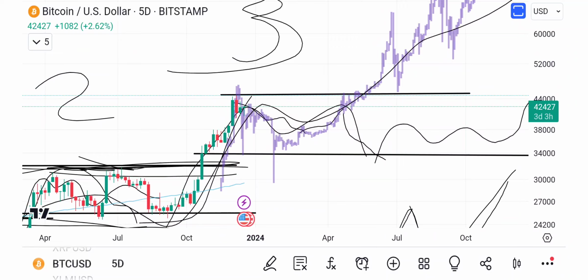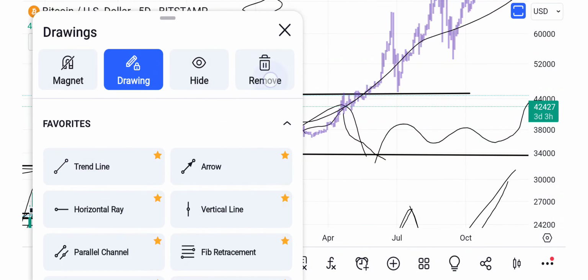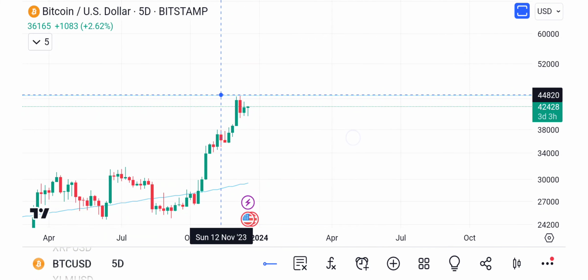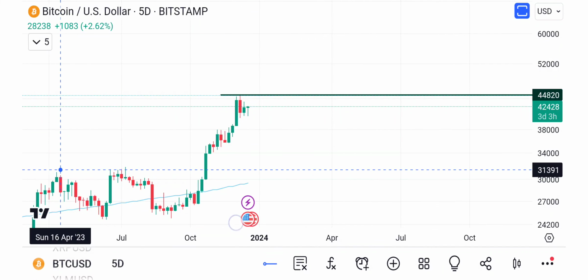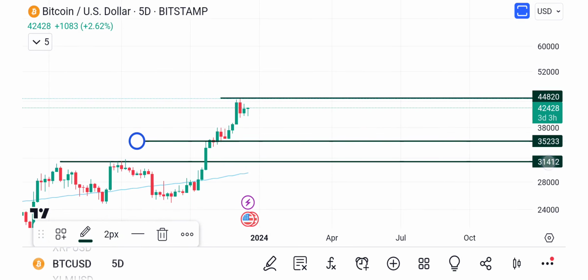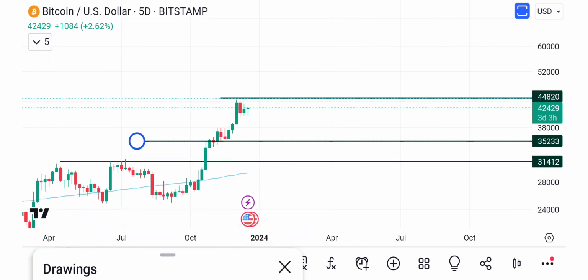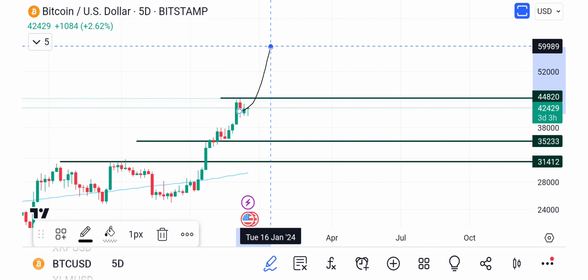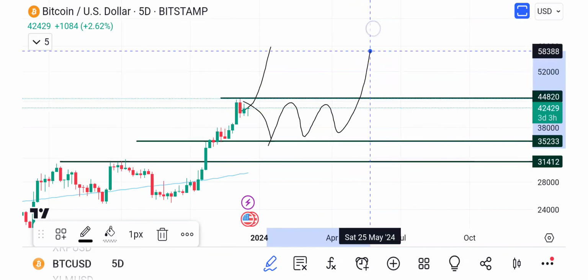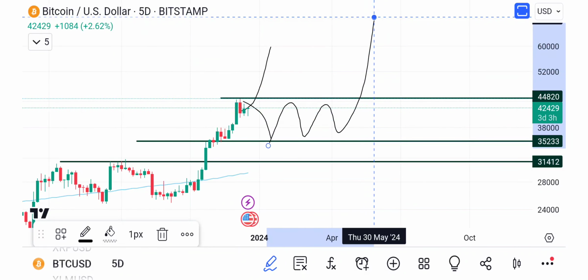So I know my chart's getting messy. Let me take it all off and just draw it again. If this thing breaks out, I don't think we're going to break all-time high. If we come down and do this and then go, I think we have a better chance at breaking a new all-time high.